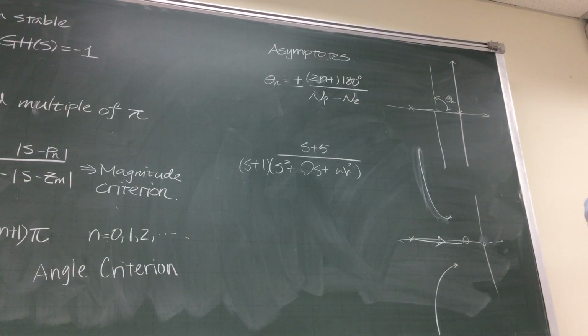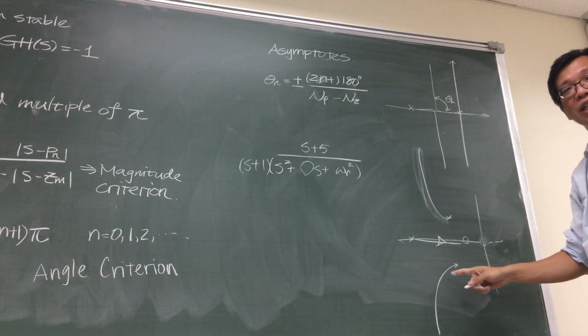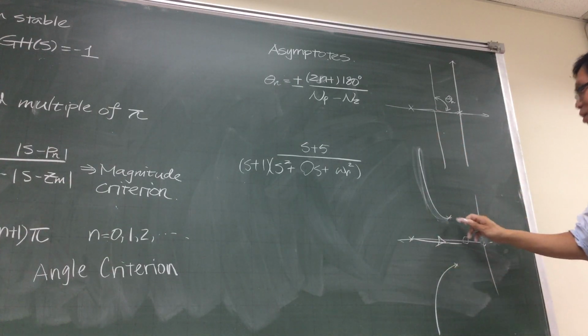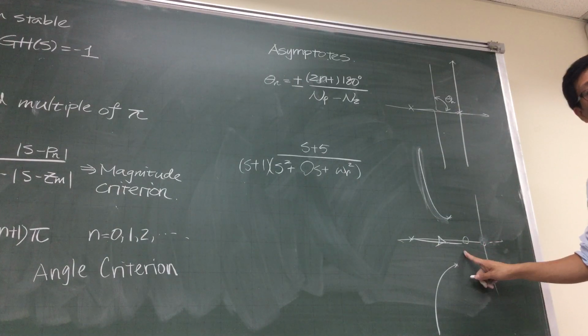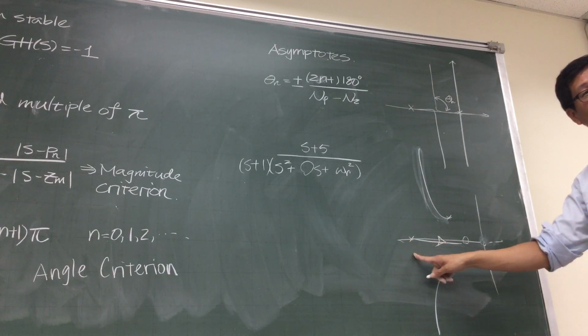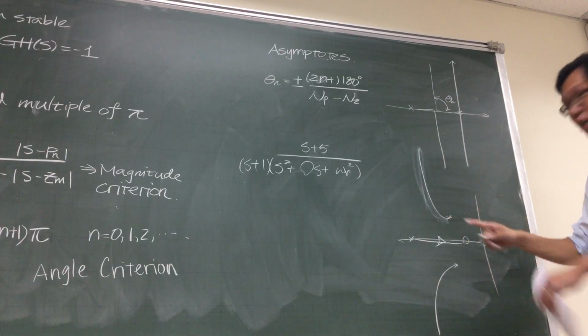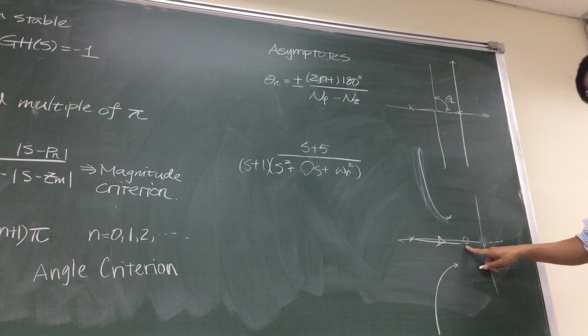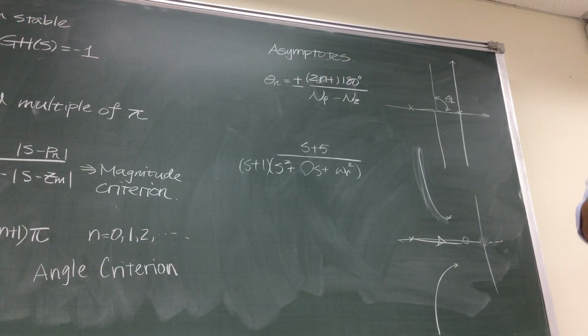But this is an important but. When you look at this one, the trajectory must be 90 degrees. The reason is you only have 1 zero, right? A zero is going to be the end of what? A pole. They are symmetric. You cannot say this one ends over here and this one ends over here. It doesn't make sense. One zero can only attract 1 pole, and you have 2 poles.